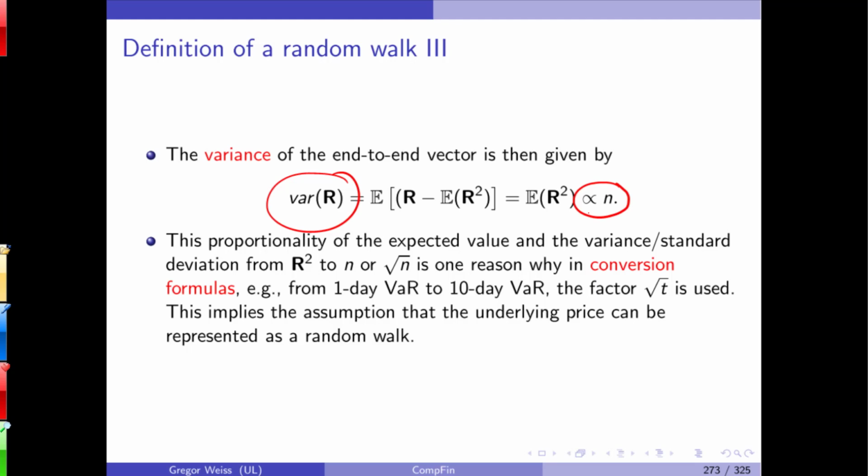And what you do is you take the square root of t. The only reason why you are doing this is because implicitly all these models assume some kind of a random walk or a Wiener process, and you are scaling it. If you're changing it from 1-day to 10-day VaR, you're scaling it by t, and then you need to make this adjustment with the standard deviation, and actually then you have to take the square root of n, and in this case that's t. Okay.